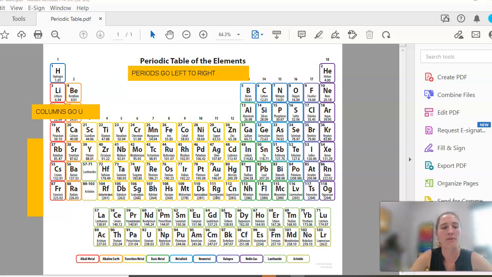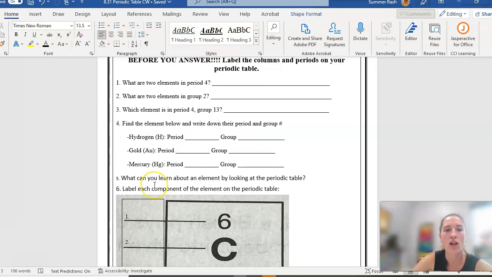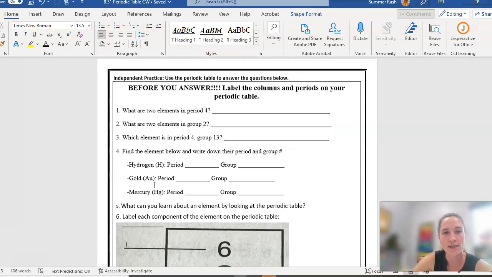Columns go up and down. So after you label the columns and the periods in your periodic table, you should be able to complete all of these independent practice questions.